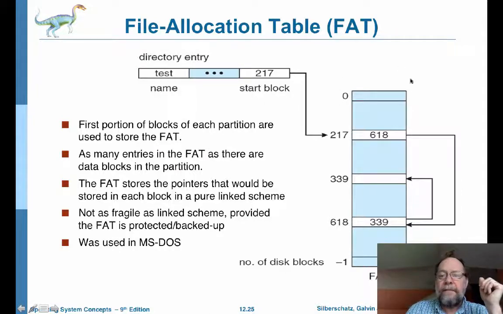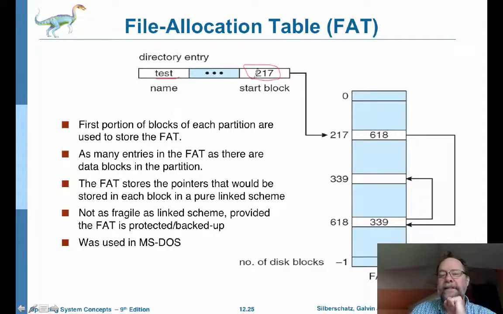So you've got the FAT table. This is typically going to be stored on your hard drive. You load it into the kernel when you mount the system. And here you've got your directory. You might have, again, the name of the file, and then associated with the name of the file, you'll have an address, 217. That'll be the address of the first block that comprises the file.